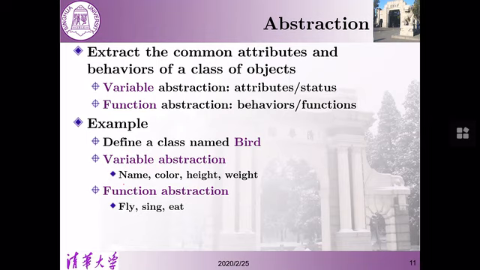So for example, we can define a class named bird. You know, there are many different types of birds in this world. But most birds can fly, right? So they have some function abstraction. They can fly, they can sing, and they can eat, right? And also they have maybe some different colors, different height, different weight, and different names, right?